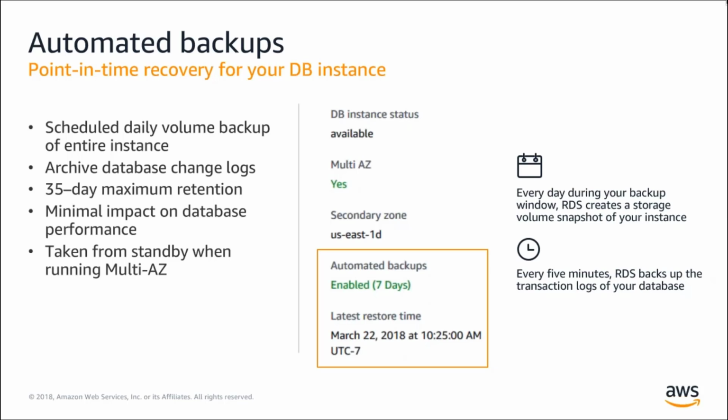This is great for cases like if somebody dropped a table at say 10:21, you can restore your database to 10:20 and get back the table just prior to the accidental delete or drop. Point-in-time recovery is very important from the point of view of giving the end user an ability to restore the database to a known sane state.